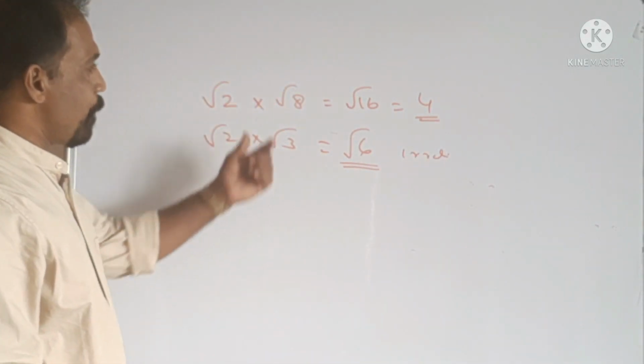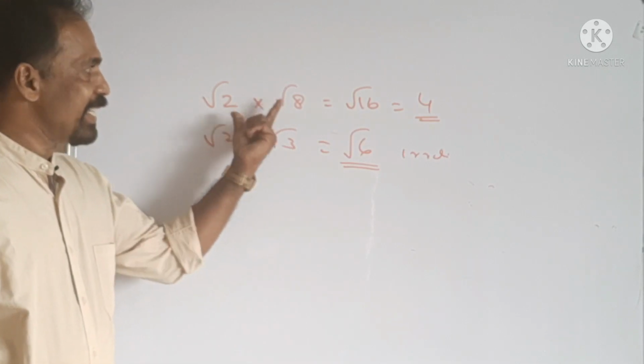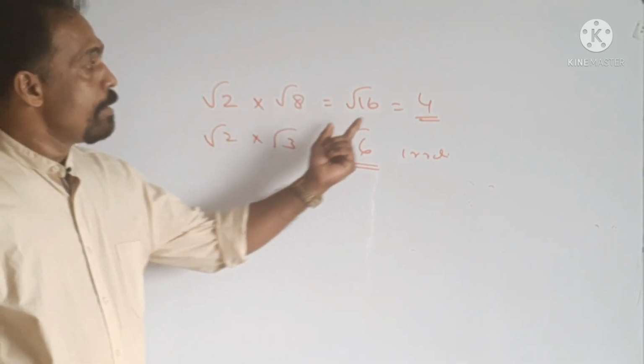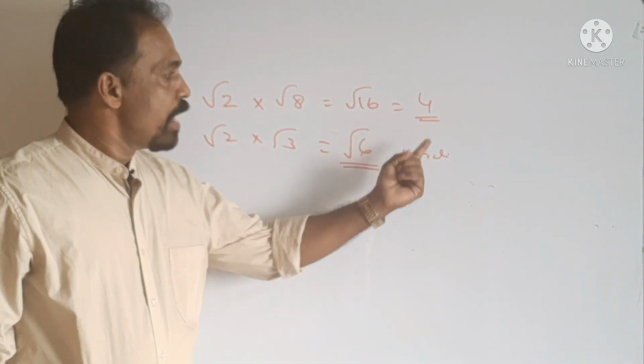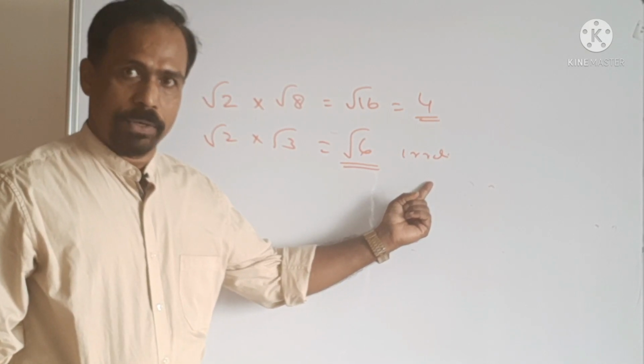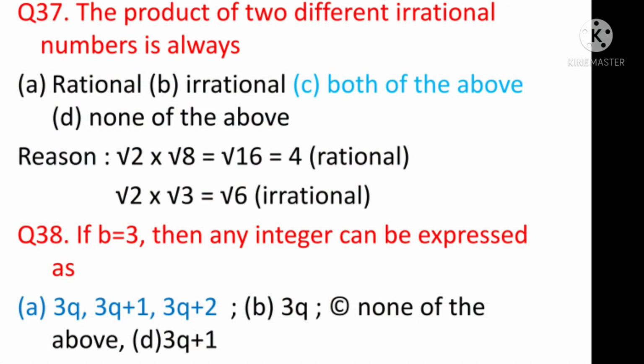So when we multiply two different irrational numbers, we can get a rational number and we may get an irrational number. So the answer is, it can be a rational number and it can be an irrational number. So option 3, both of the above is correct.